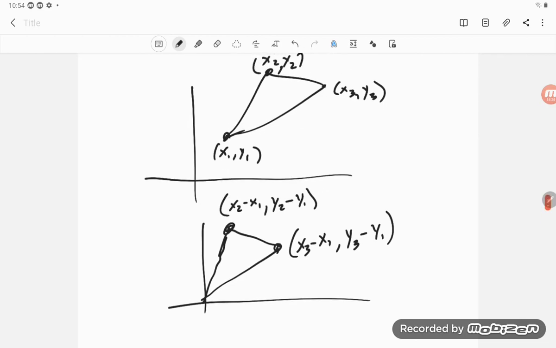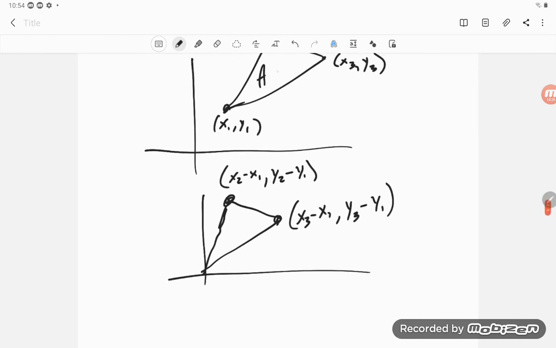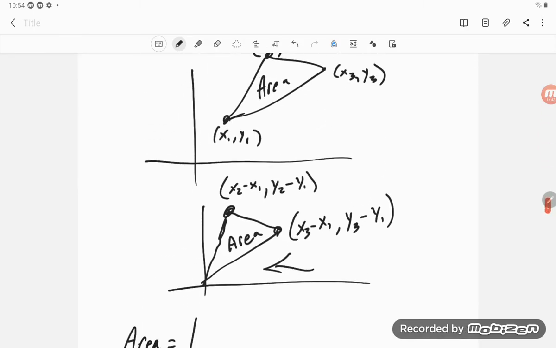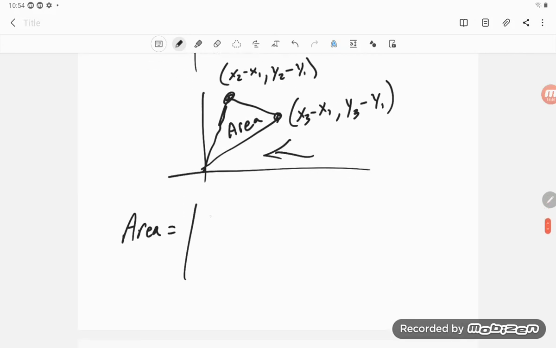Okay, now that would say then that the area here and the area here, of course, have to be the same, but I know how to find the area here, and so that would say that area, in this case, for a general triangle, is the determinant of x2 minus x1 and y2 minus y1 and then x3 minus x1, and y3 minus y1.